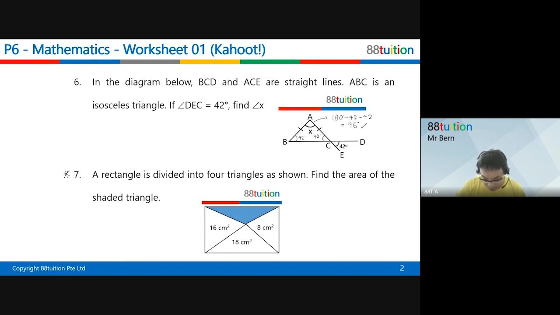Okay, Aiden says it's 6 cm squared. The rest? Can you please try? Aiden, how do you get 6 cm squared so fast? Wow.